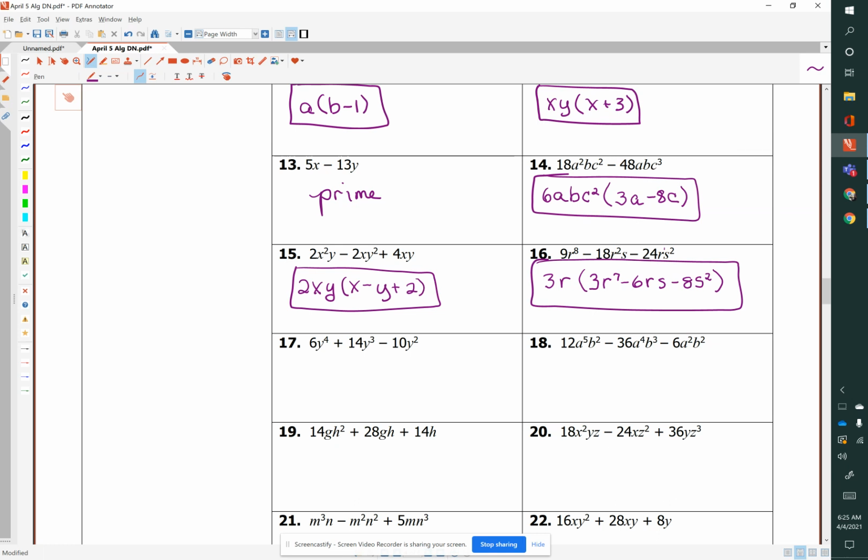So number 17, 6y to the 4th plus 14y to the 3rd minus 10y squared.